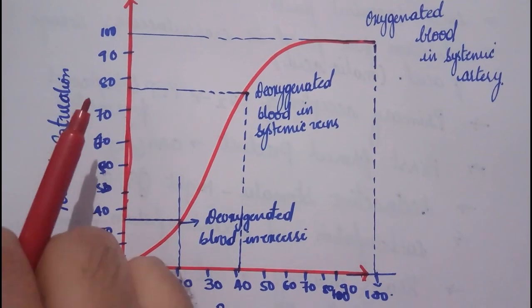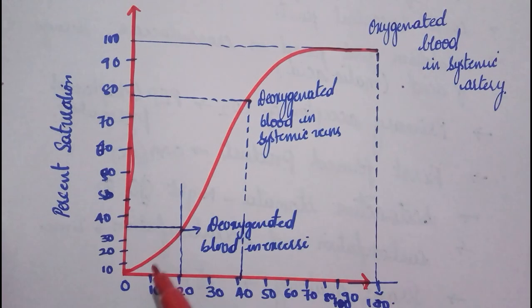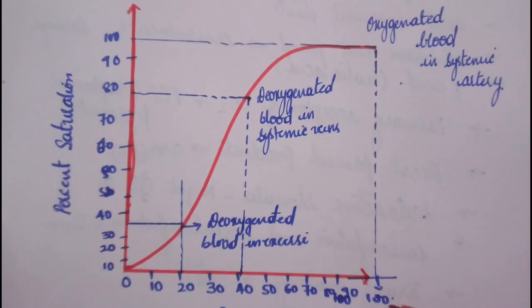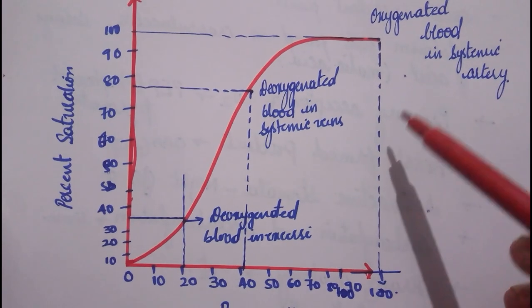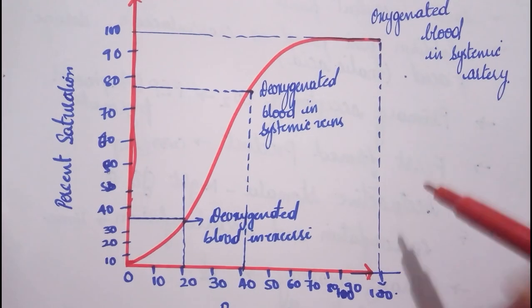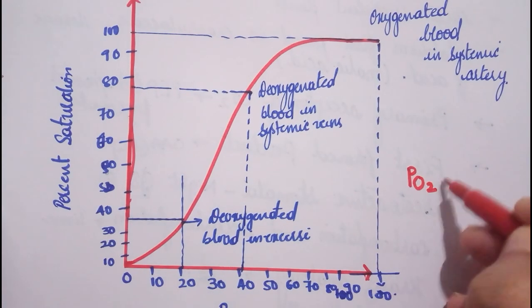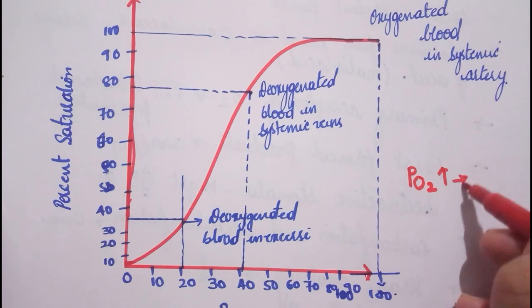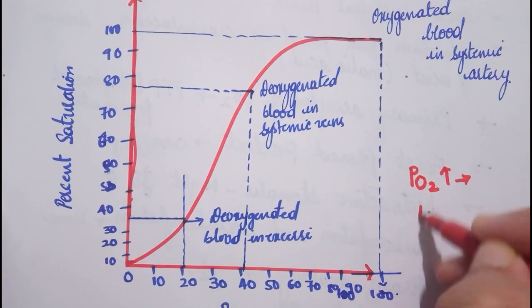Now if we see, the curve is a sigmoid curve. At a partial pressure of oxygen of 100, which means a high partial pressure of oxygen, all the sites of the hemoglobin are completely saturated, or completely filled with oxygen.